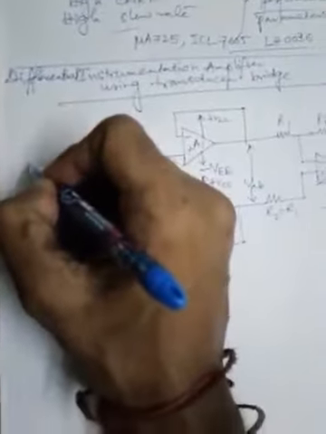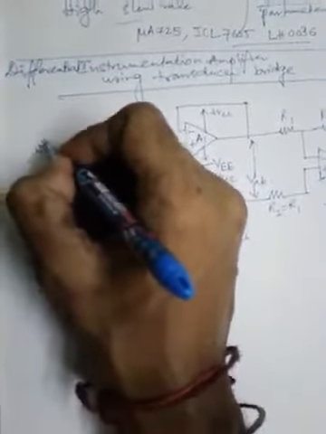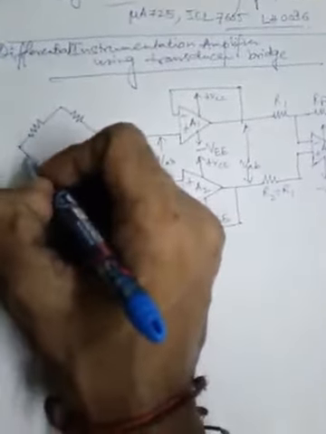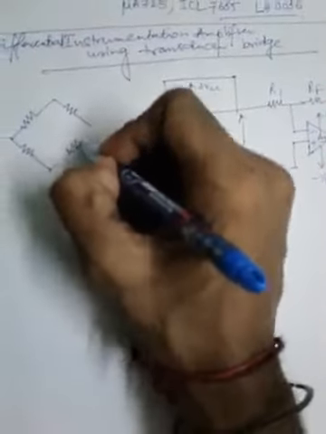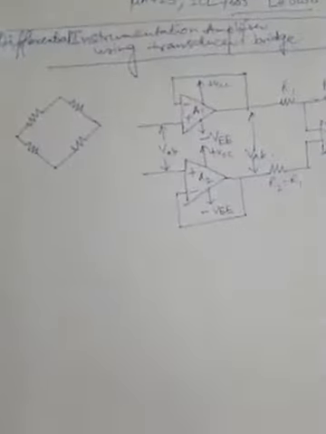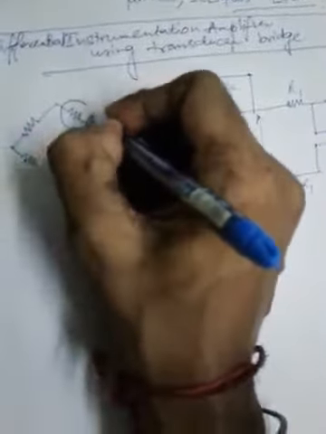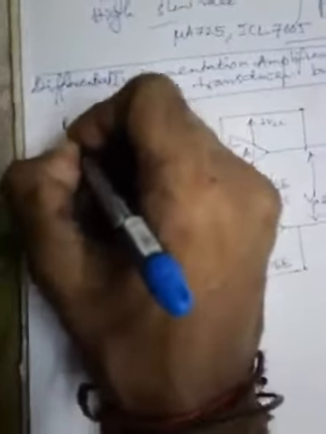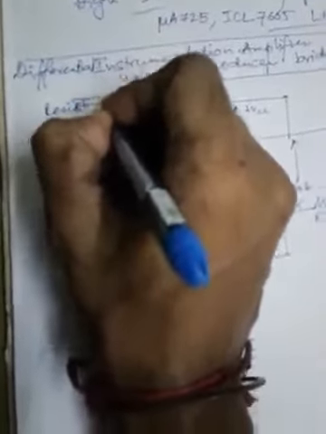Now let us draw the bridge here, and at one arm of the bridge the transducer will be placed. This is the transducer, the resistance of which is encircled. This is resistive transducer. It is denoted by a resistance, its circuit symbol.